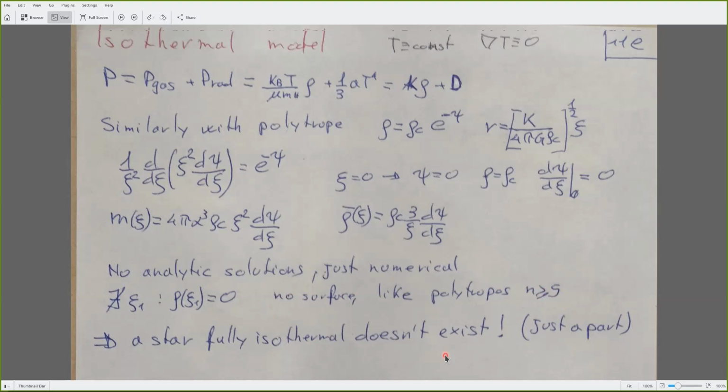We will see, as I mentioned, that in the degenerate gas of electrons, the movement of electrons is given not by the temperature but by the Fermi-Dirac statistics, so the momentum is really high and the conductive transfer is really good.